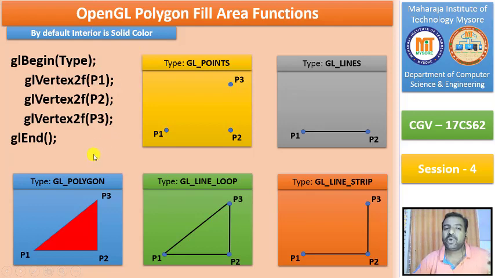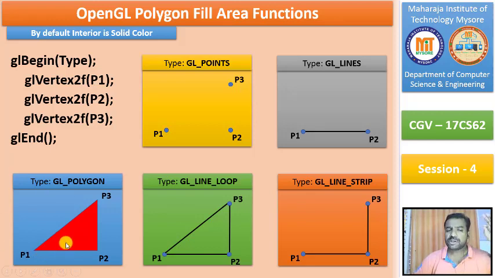Whatever color you have set before executing these statements will be used to fill the interior. Right now, as per my example, it has been set to red, hence you are going to see a solid red color displayed as the interior of your polygon.